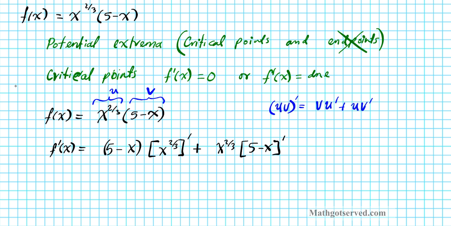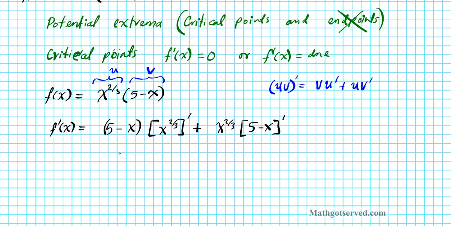Okay, let's go ahead and find the derivatives and simplify. We're going to have the quantity 5 minus x. If we apply the power rule here, we're going to have 2/3 x and then subtract 1 from the power. That yields negative 1/3, plus x to the 2/3. The derivative of 5 is 0. The derivative of negative x is negative 1, so times negative 1.